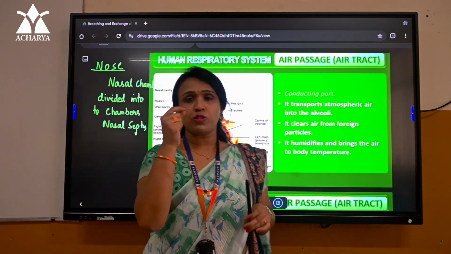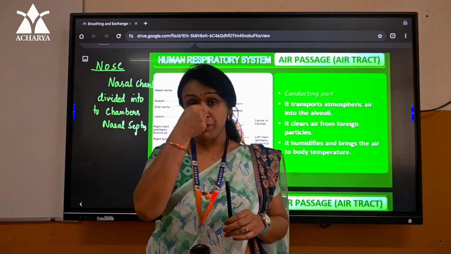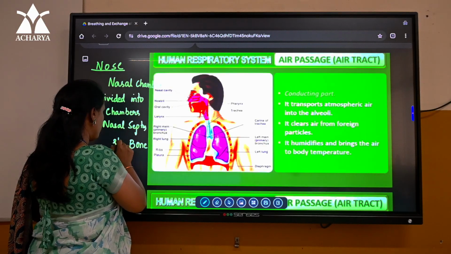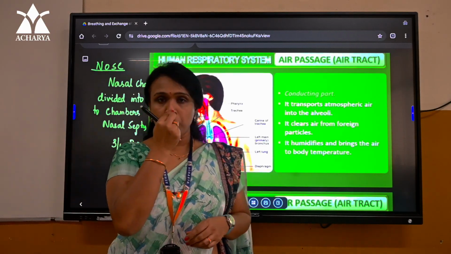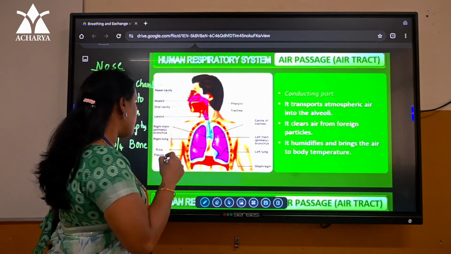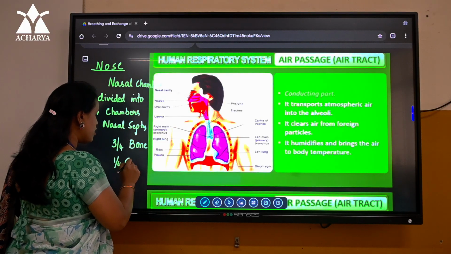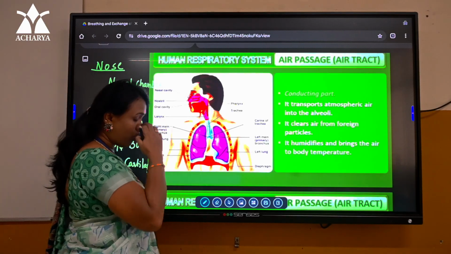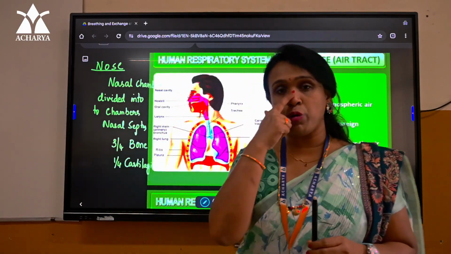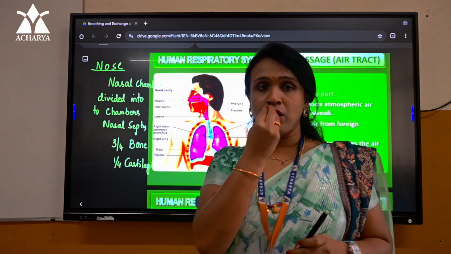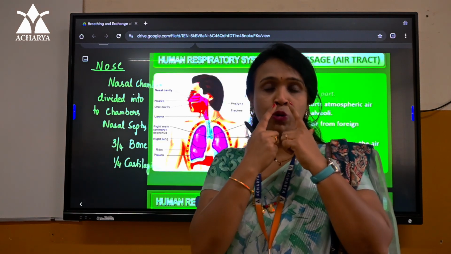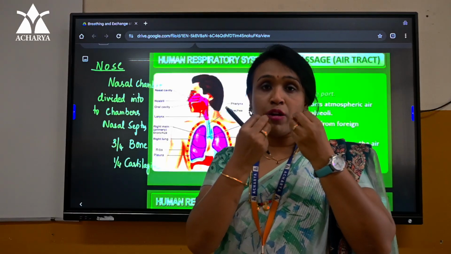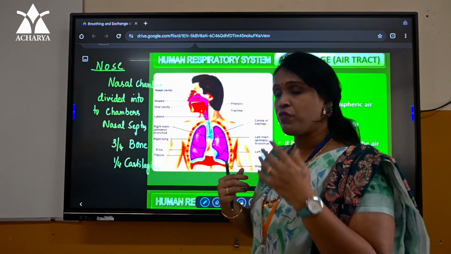If you touch your nose, three-fourths of your nose is made up of bone, and the one-fourth part, your nose tip, is cartilaginous. That is an important characteristic feature of the nose, so that we can open and close the nostrils. Like while deep or forceful inhalation, we can widen our nostrils with the help of this cartilage.